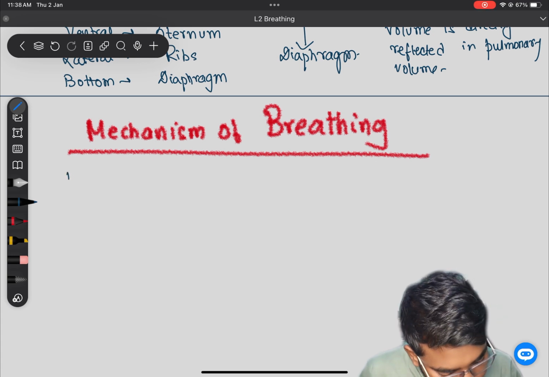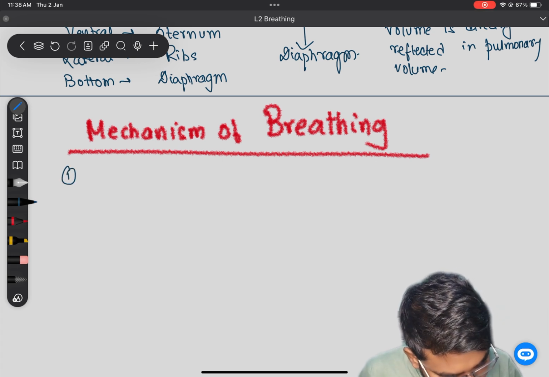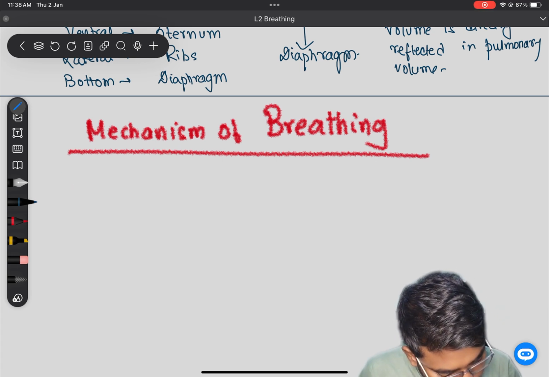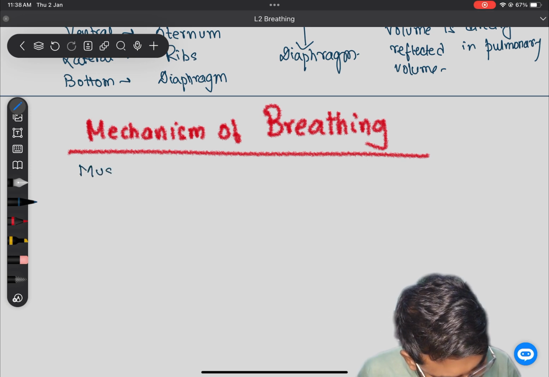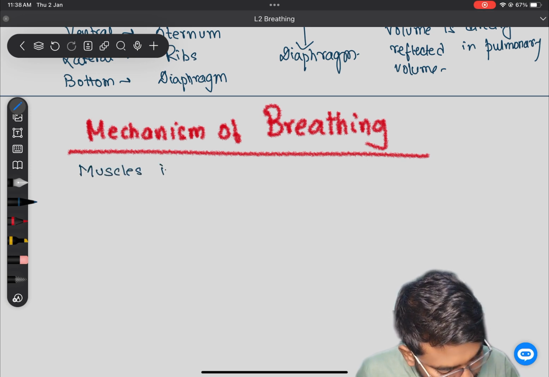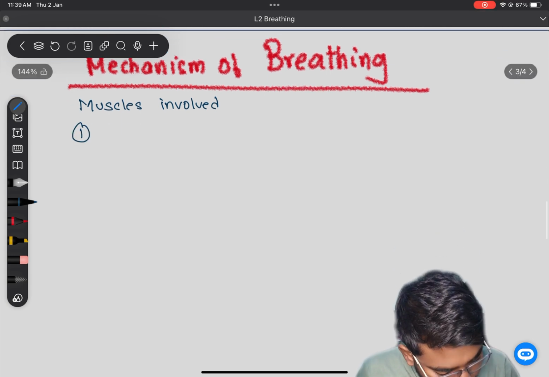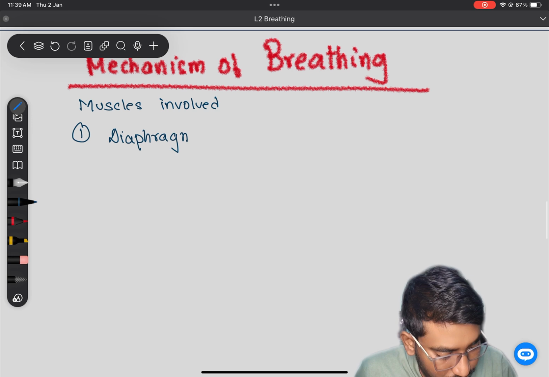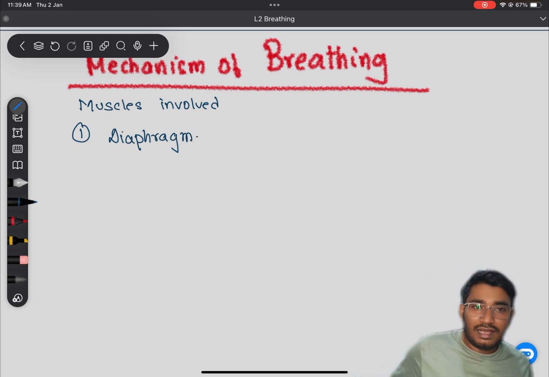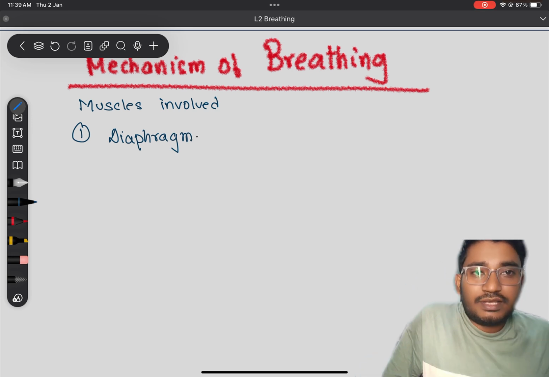Okay, associated muscles involved. 1. The diaphragm. The diaphragm is the main muscle that is involved in breathing.